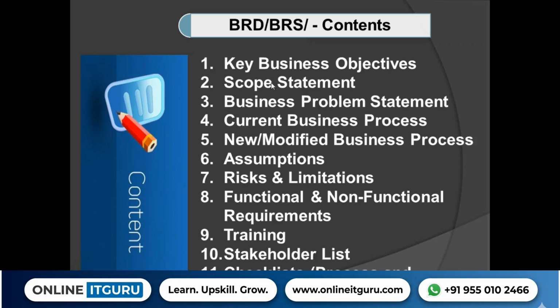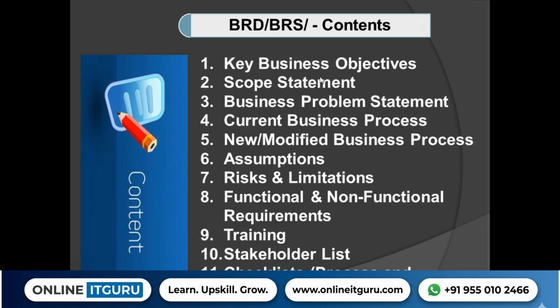These are the contents of a BRD document: key business objectives, scope statement and business problem statement, the current business process and the new modified business process, exceptions, risks and limitations, functional and non-functional requirements, training, stakeholders list, checklist, process and requirements.